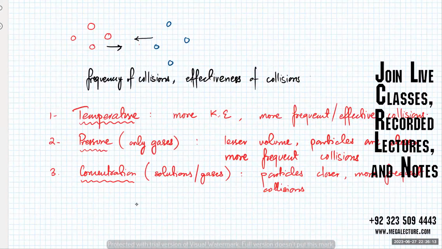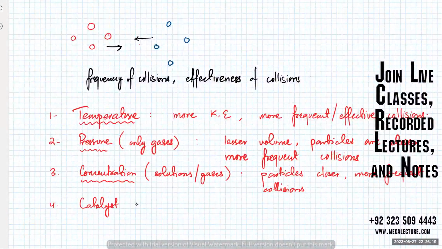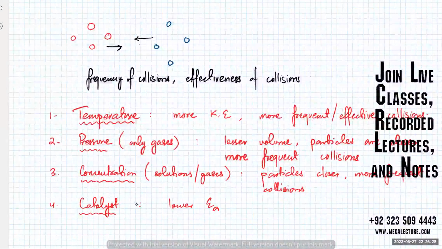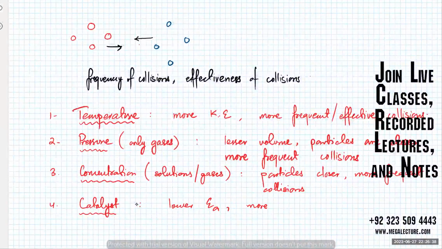So what does a catalyst do? Does it lower the activation energy? So it lowers it. So more frequent, what, more successful? What happens? There are more collisions happening because the particles gain more energy.